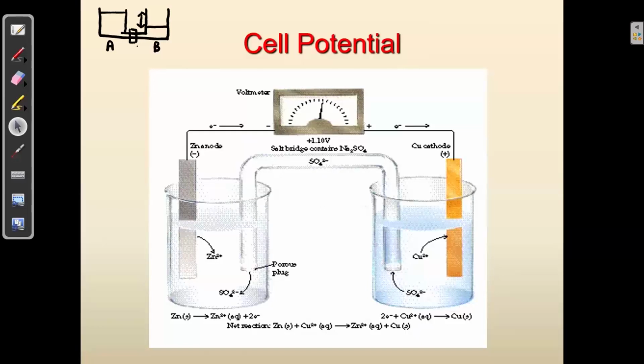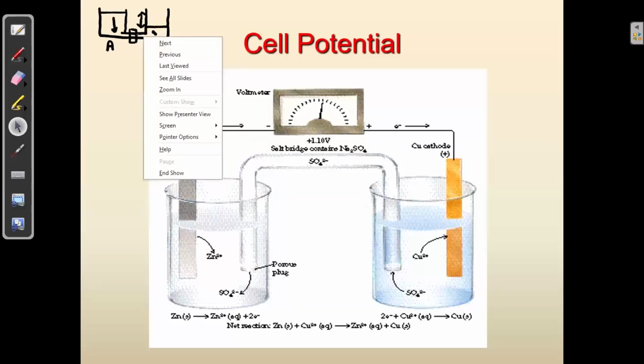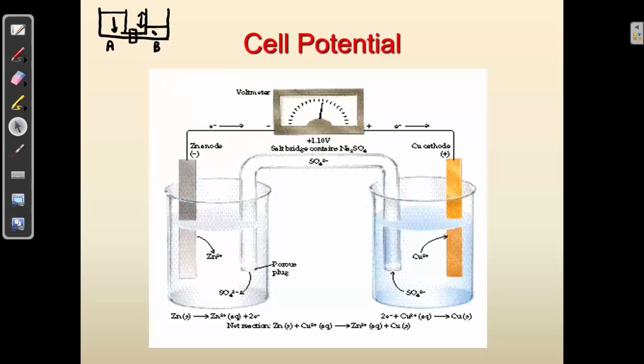Once the tap is open, what will happen? The water from the higher potential will start moving into the tank which is having a lower potential. So slowly the water will rise here and water will go down here. Till what point will this water continue? Once the level of water is the same in both the containers, the flow stops.